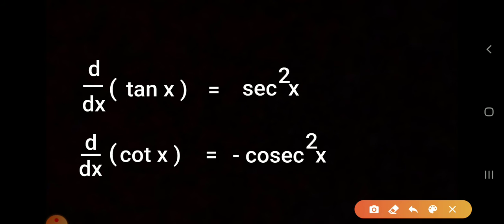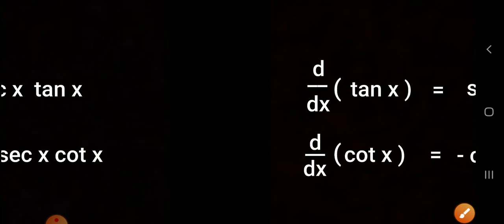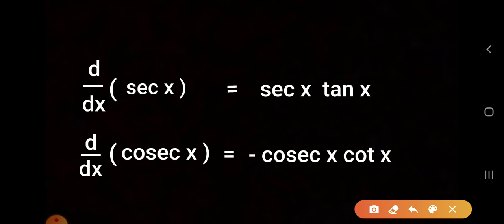So d by dx of tan x is secant square x, and d by dx of cot x is minus cosecant square x. Next, d by dx of secant x equals secant x into tan x. Here again we get minus for the one starting with C: minus cosec x into cot x.